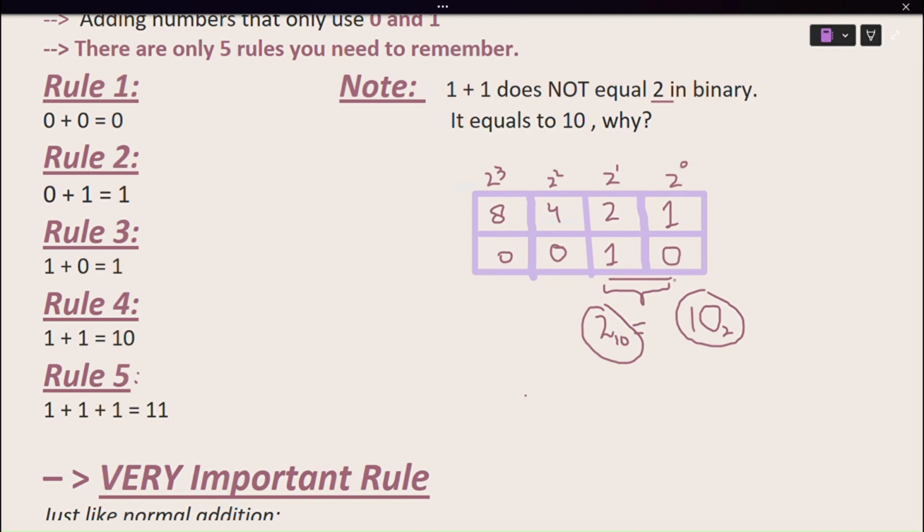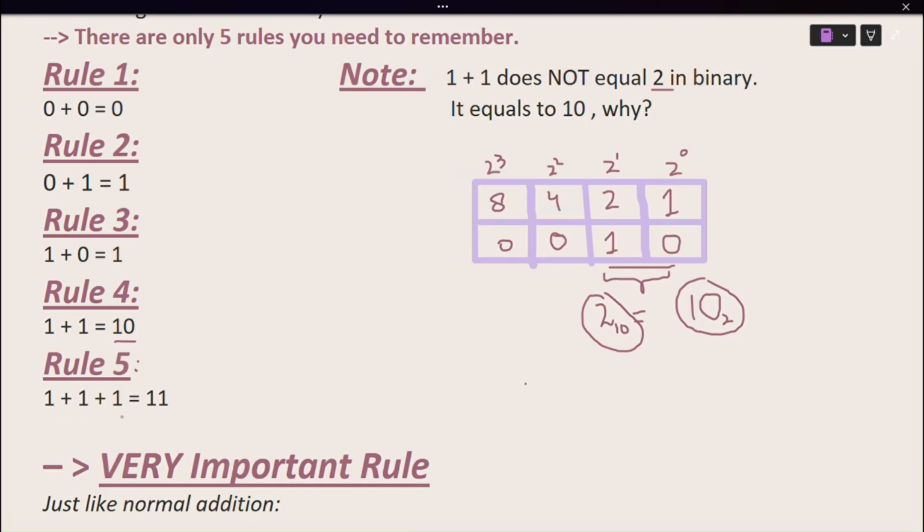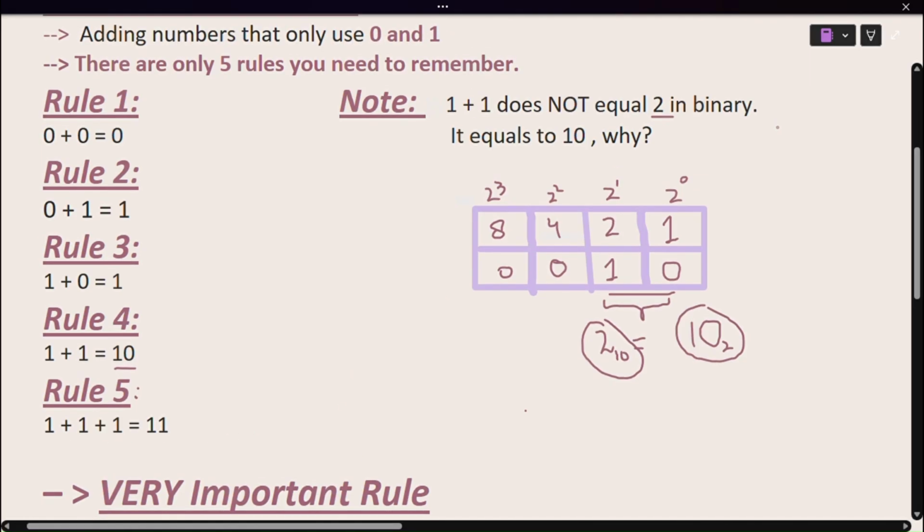That's why 1 plus 1 is equal to 10 in binary. You have to memorize this. Rule number 5 is the same case, that 1 plus 1 plus 1 is equal to 11 and not 3.